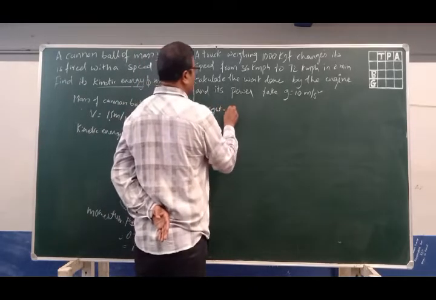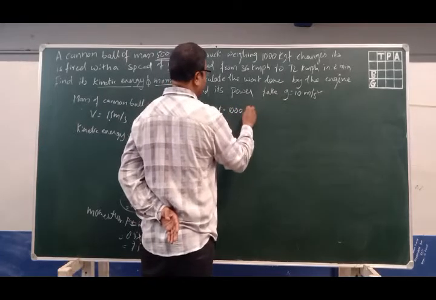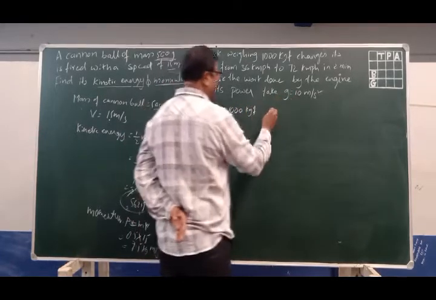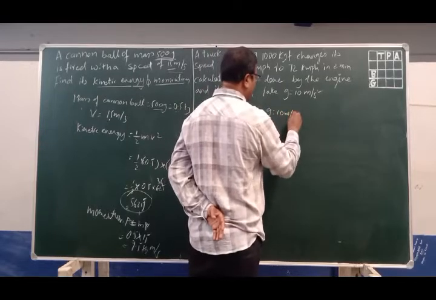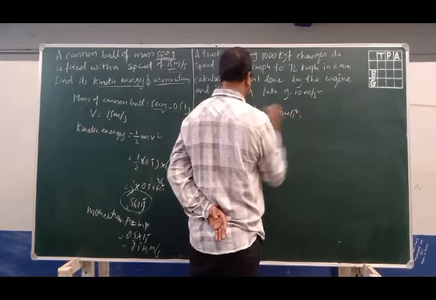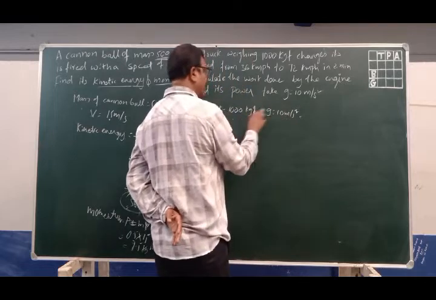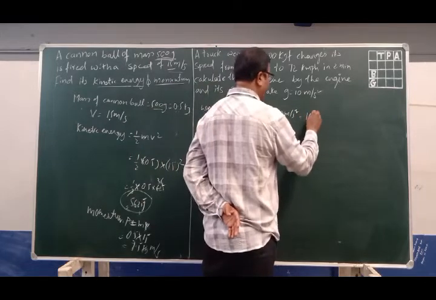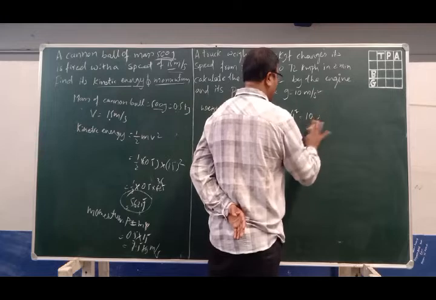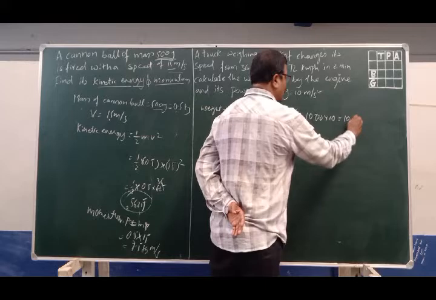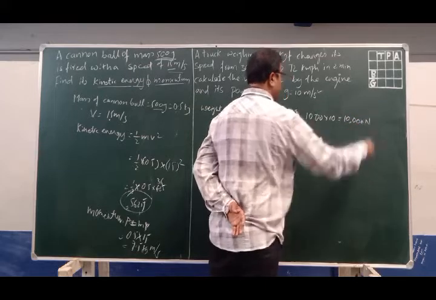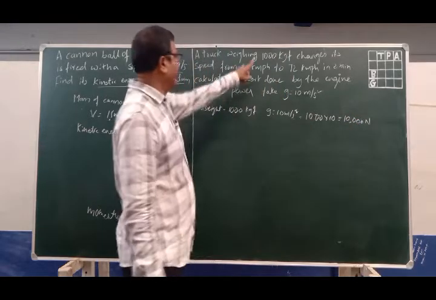Weight is 1000 kgf, and g is 10 meter per second square. So I convert this kgf into Newton. Therefore it will be 1000 into 10, that is 10,000 Newton. So this is the weight of the truck.